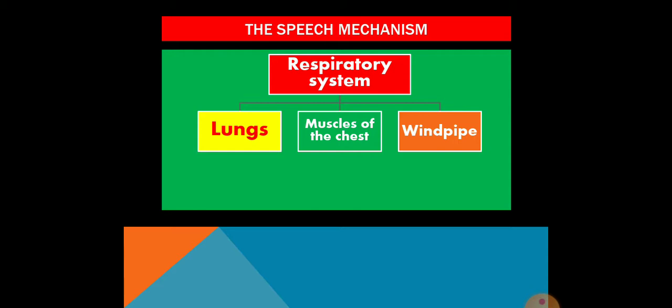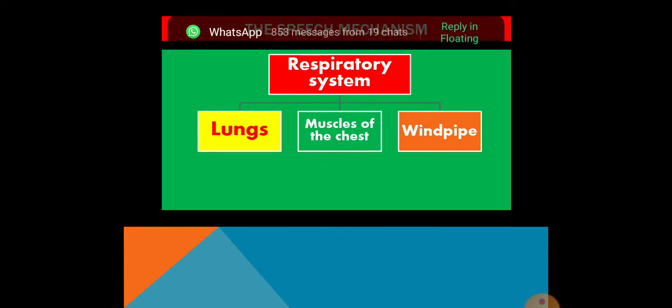The primary organ of the respiratory system are the lungs, which carry out this exchange of air as we breathe. Then you can see here muscles of the chest. This system helps to push air into the respiratory system through the contraction and relaxation of the diaphragm.